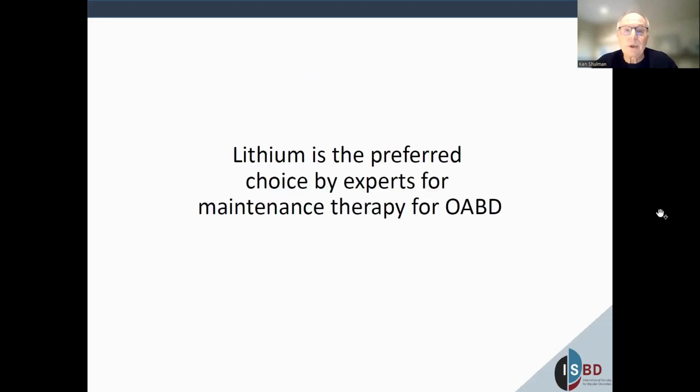And the result was overwhelming. 100% of the experts said that lithium is the preferred choice for maintenance therapy. 100% of medical experts said that, notwithstanding that the use of lithium is dropping like a stone in the real world. And why is that? Of course, we talked about that. Doctors are afraid of lithium.